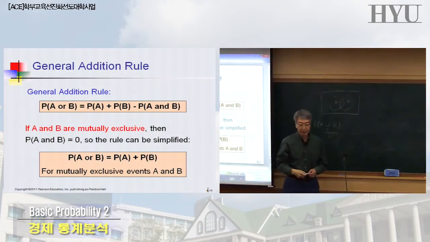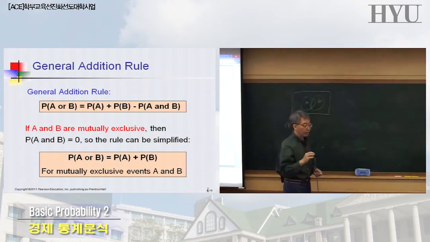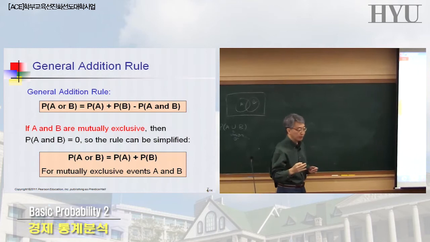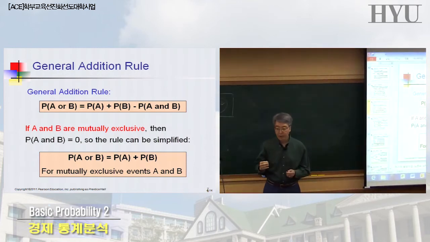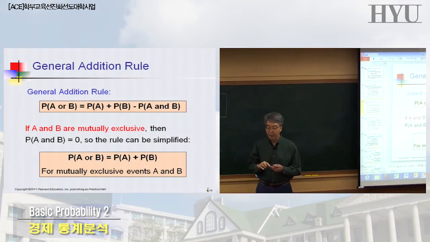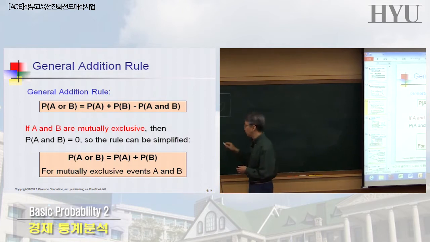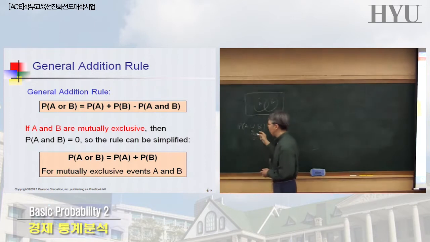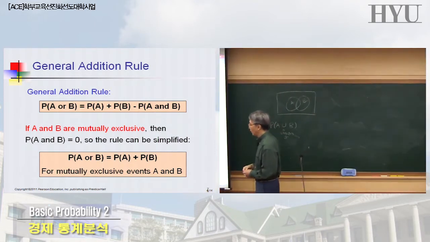Then if you pick 1 card out of the total 52 cards, what is the probability that you will either pick an ace or black card? That's the idea of A union B.